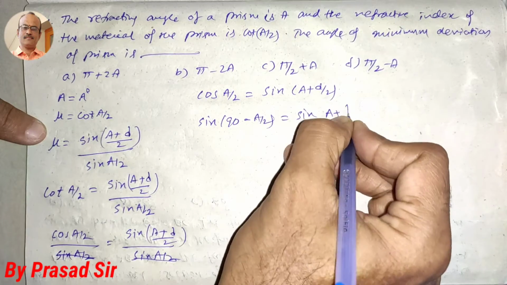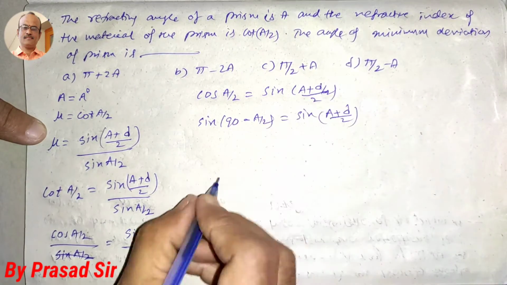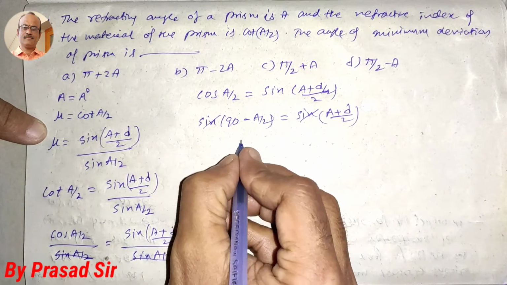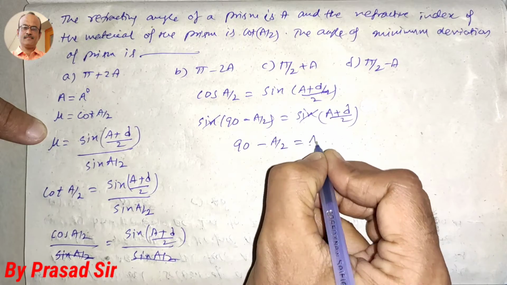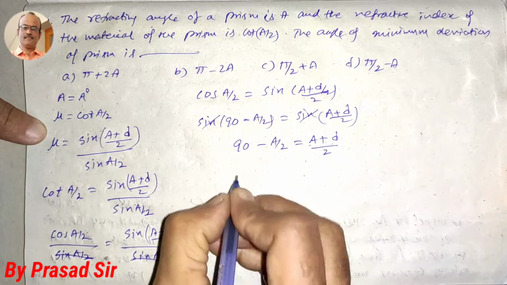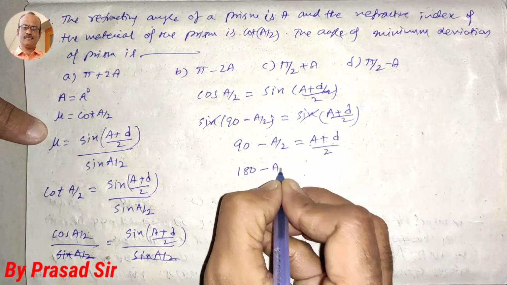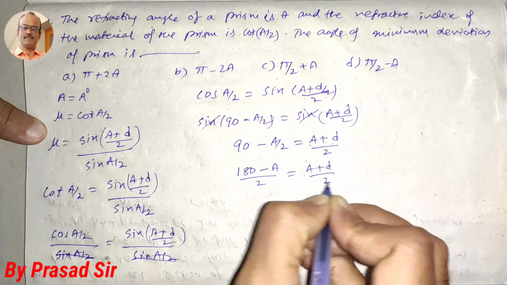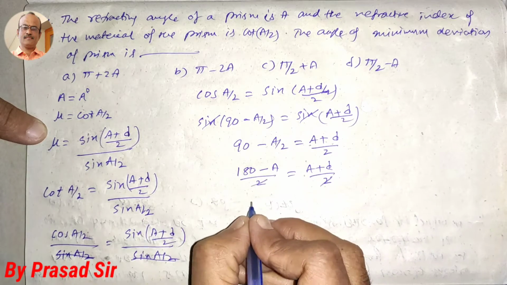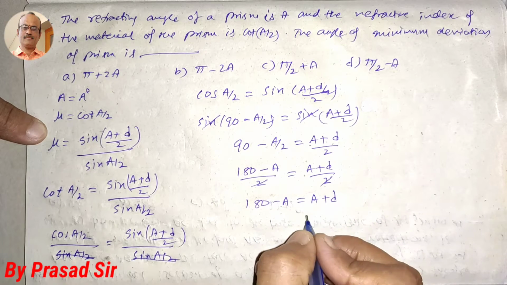Dropping sin, 90 minus A by 2 is equal to (A plus d) by 2. Here (180 minus A) divided by 2 is equal to (A plus d) by 2. Both sides cancel. 180 minus A is equal to A plus d.